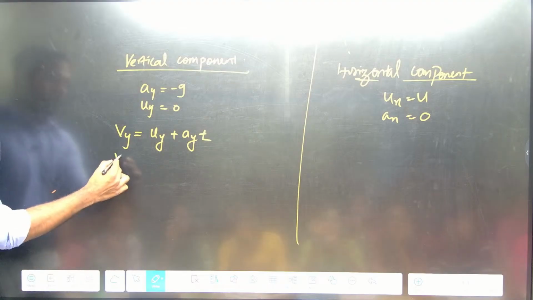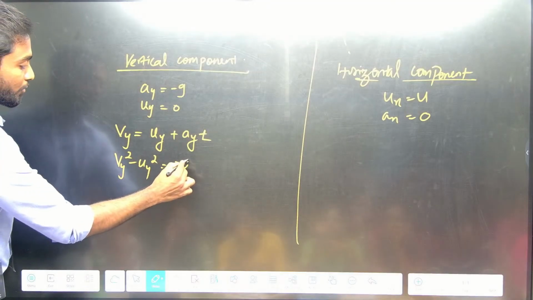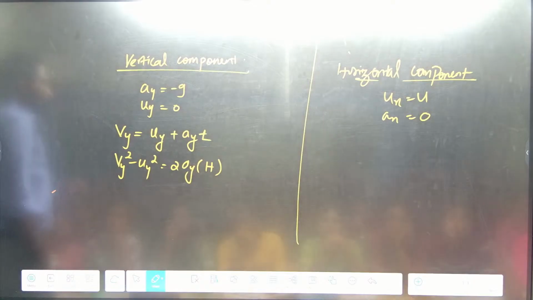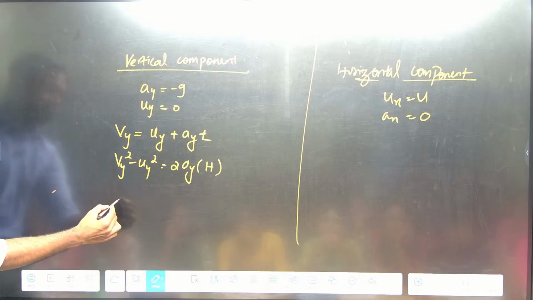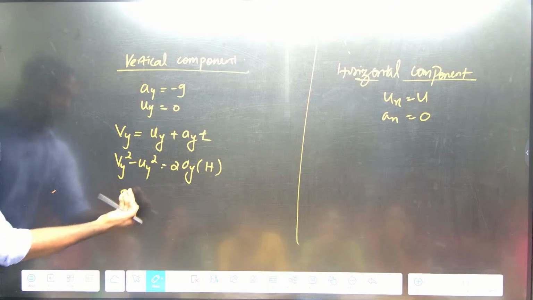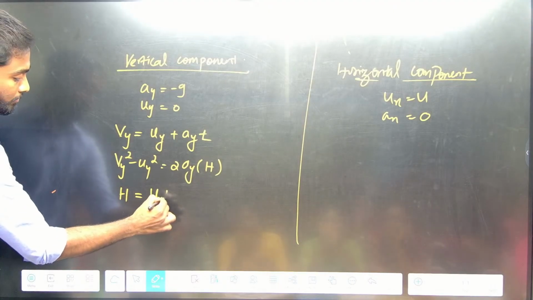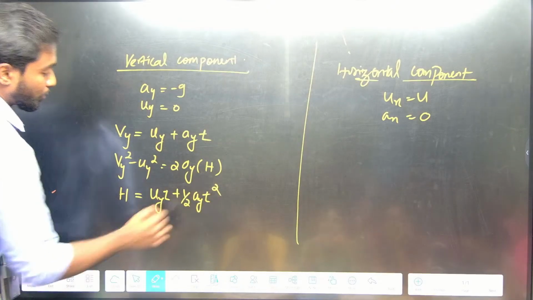And then vy square minus uy square is equal to 2 times ay into h. Any doubts here? And what about the last thing? h is equal to uy t plus half ay t square.